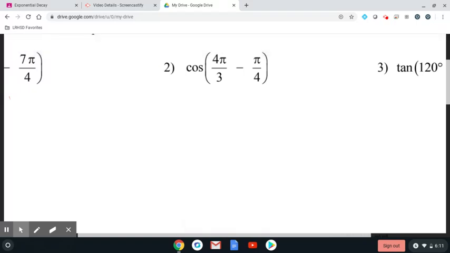When we're looking at number 2, first thing you want to think about, just like we talked about in that first problem, is what quadrant these two angles are in. So 4 pi over 3 is going to be in quadrant number 3, and pi over 4 ends up being in quadrant number 1.